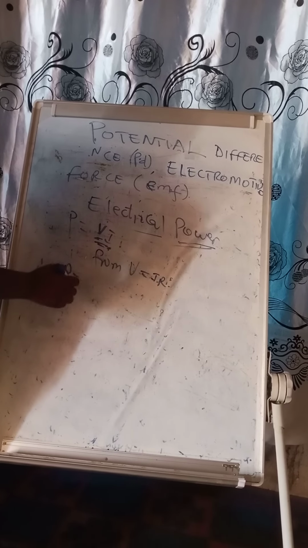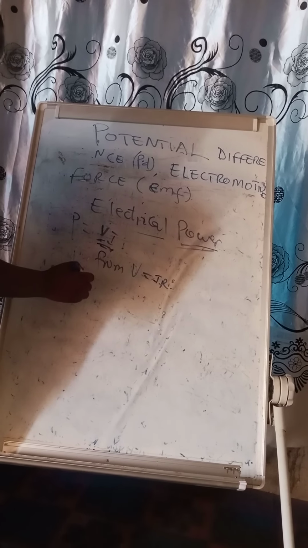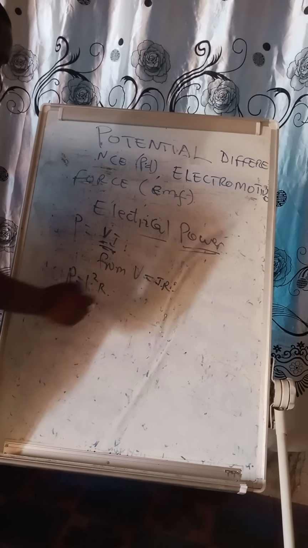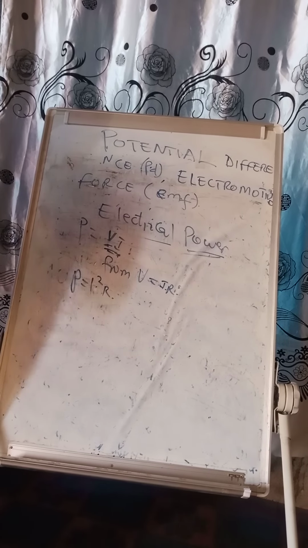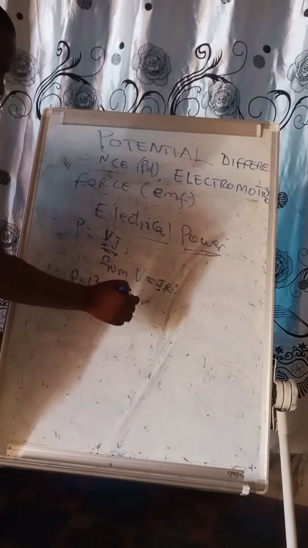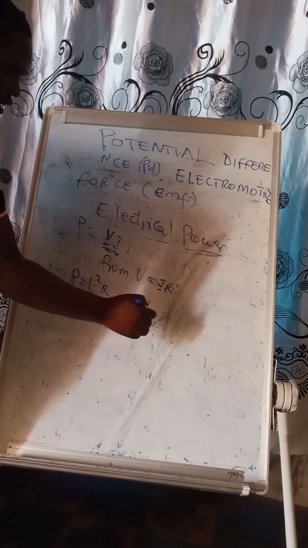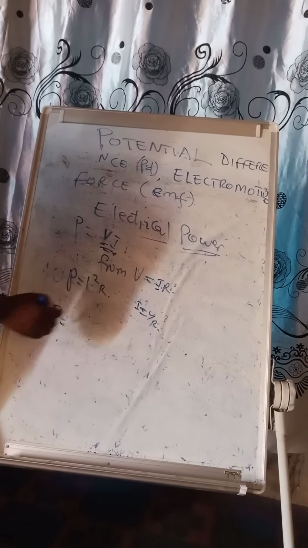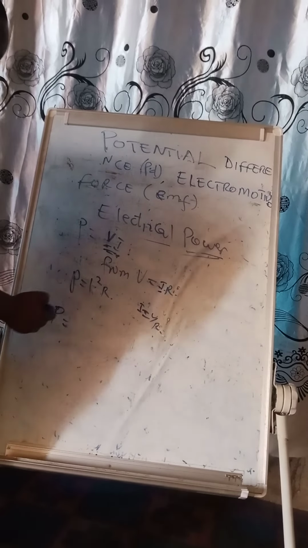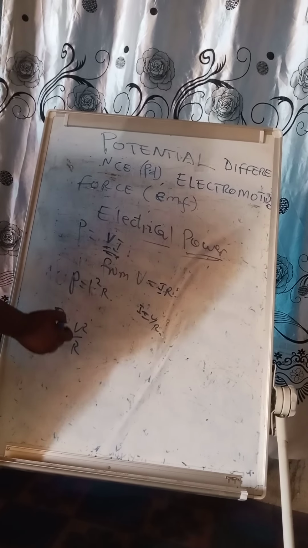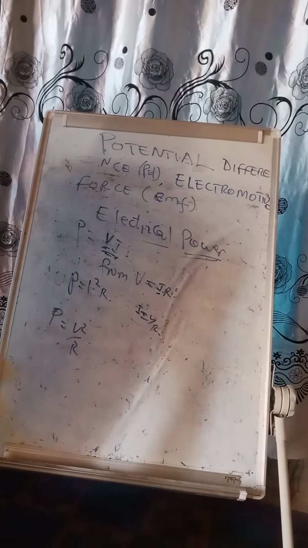So P will be equal to I square R. Or we can remove I, so I is equal to V over R. So here our power will be equal to V square over R.